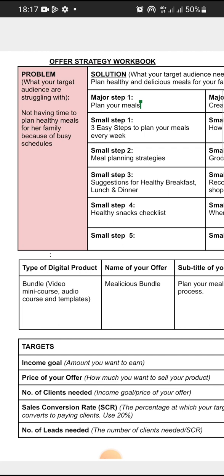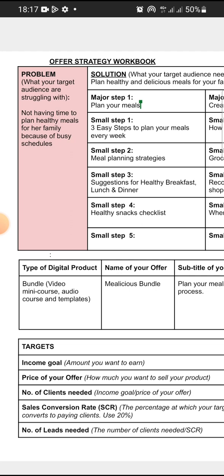So the very first thing you need to do is to identify the problem that you want to solve for your target audience. Before getting to this stage, you should have already known the kind of problem you want to solve. I'm sure you already have a few people who have joined your Telegram channel, your newsletter or your email list, and you've already found out the problems they are facing that you can solve.